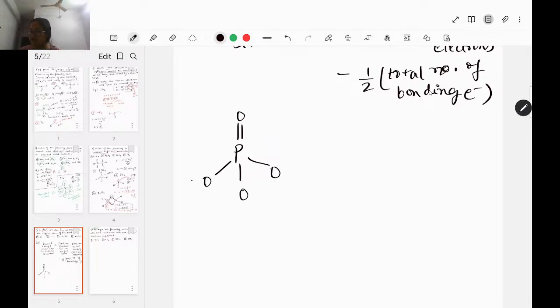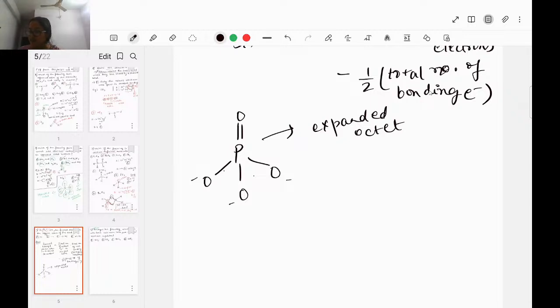Now you will ask why phosphate is looking like this. Phosphorus only requires 3 bonds to complete its octet. We are having 1, 2, 3, 4, 5 bonds. So what is this case? This is a classic case of expanded octet, right? We just discussed it with SF6 and H2SO4 a few minutes earlier. So phosphorus has bonded with more atoms than it really requires.